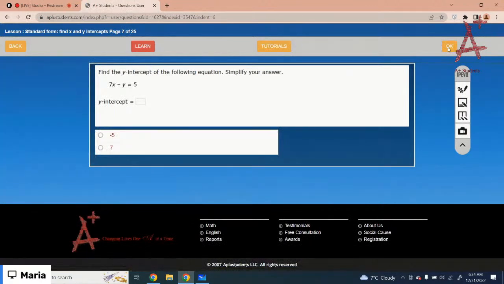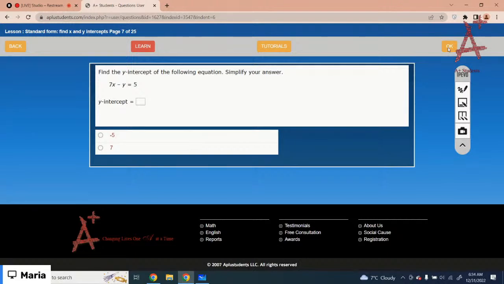Okay, find the x-intercept of the equation, simplify your answer. So for the x-intercept, what you have to do? You have to replace the y value with the 0, isn't it? Oh, you have to find the y-intercept in this question. So whenever you have to find the y-intercept, you have to replace the x with a 0.